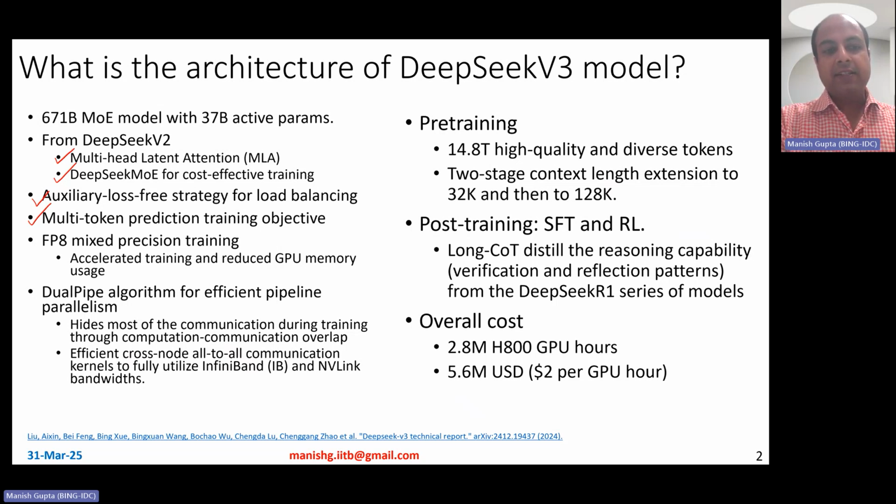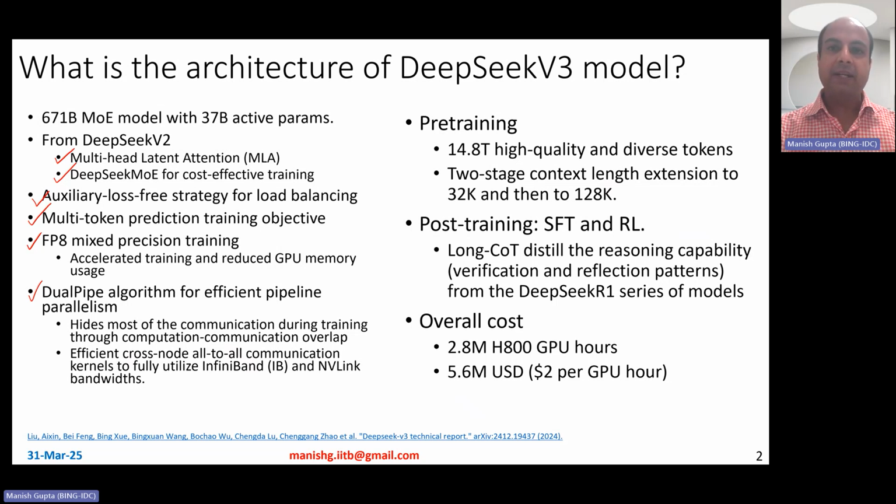It also has a whole bunch of innovations targeted towards optimized training. Specifically, one of them is FP8 mixed precision training, but then there are other optimizations also that are done for reduced GPU memory usage and accelerated training that I'll talk about in detail later. For optimized training, it also uses this dual pipe algorithm for efficient pipeline parallelism.